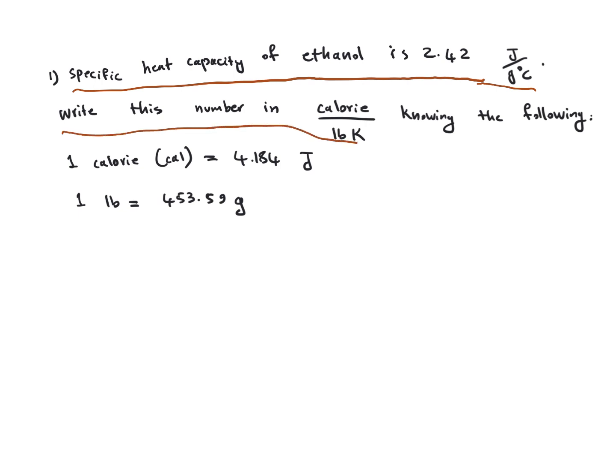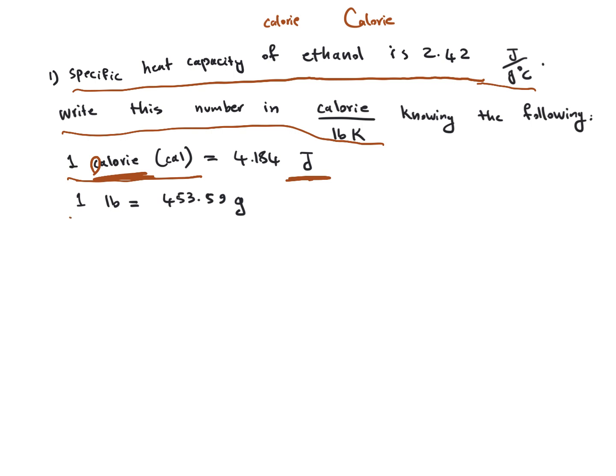Write this number in calorie per pound per Kelvin, knowing the following. 1 calorie, and remember, this is a small letter c, so calorie and Calorie are different. You can use your book to see how you can convert them to one another, but if I ask you to convert them in the exam, like here where I ask you to convert calorie to joules, I give you the conversion factor, so don't worry about it.